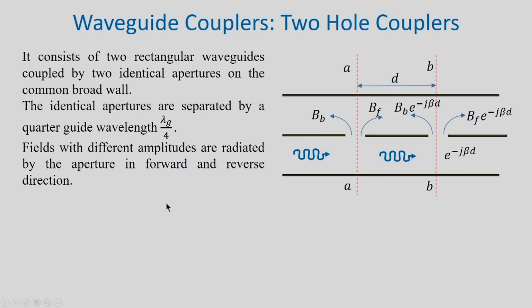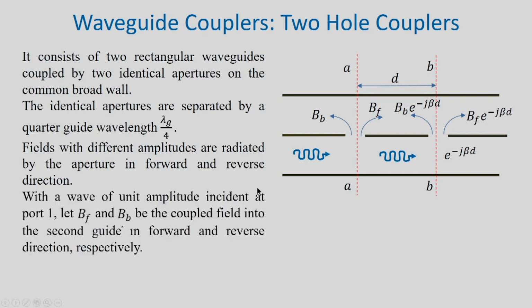So, when the signal is incident on this waveguide, a part of the power will get coupled to the other waveguide, and this coupled power will travel both in the forward as well as in the backward direction. Now, the amount of field that is coupled in the forward and backward direction is different.